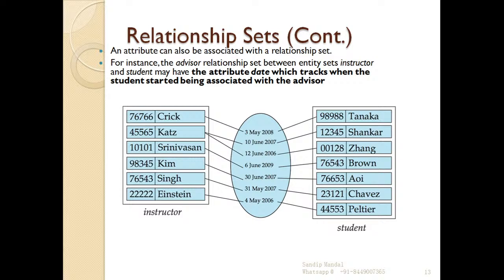Descriptive attributes are attributes that a relationship holds, like a physical or abstract entity. An attribute can also be associated with a relationship set. For instance, the advisor relationship set between entity sets instructor and student may have an attribute like date of initiation of advising. This can be considered a descriptive attribute.